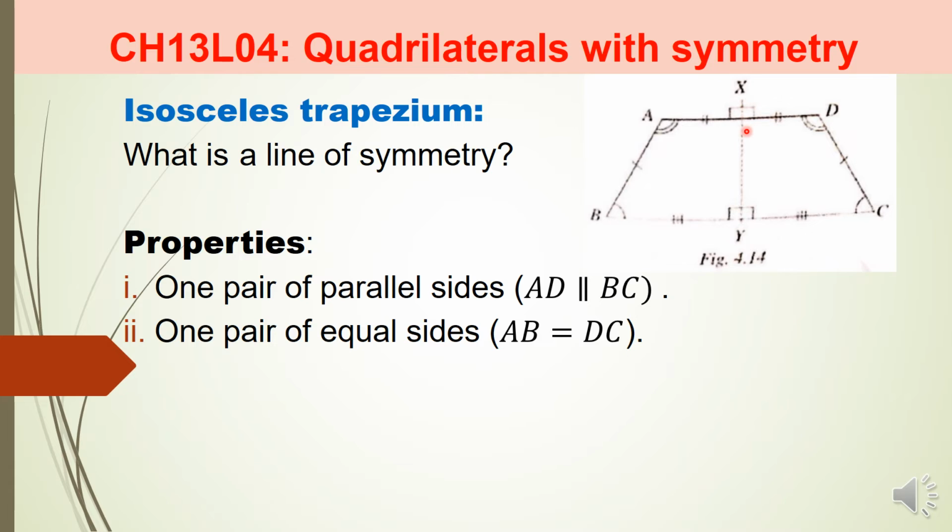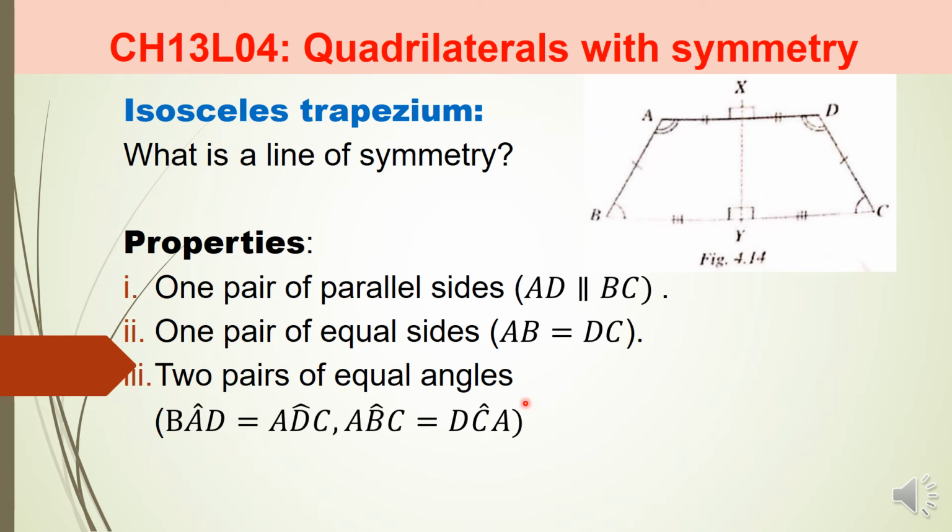When you fold this shape, side AB and side DC coincide, so they are equal. Next, two pairs of equal angles. When you fold this shape, vertex A and vertex B coincide, and vertex B and vertex C also coincide. So angle A and angle B are equal, and angle B and angle C are also equal.